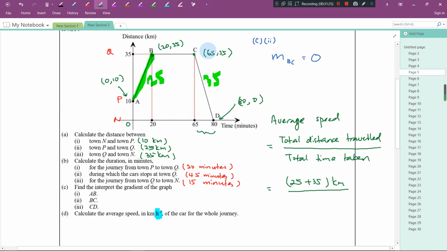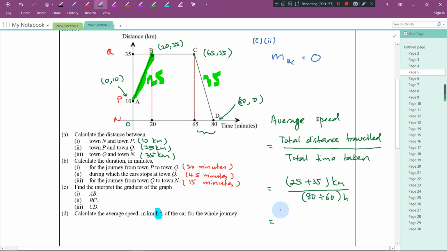Okay, so for the whole journey, the car used 80 minutes. But the question is asking you to give your answer in kilometer per hours, not minute. So 80 minutes here, we have to change it become hours. So how do we change 80 become hours? 80 minutes become hours, I think this one you should be no problem, divided by 60. Now this become hours. So you will get your answer in kilometer per hours.